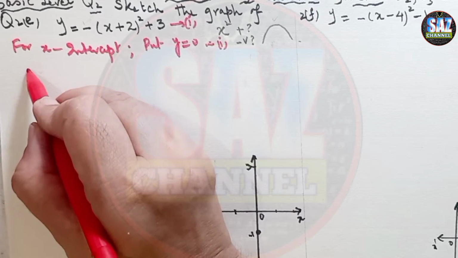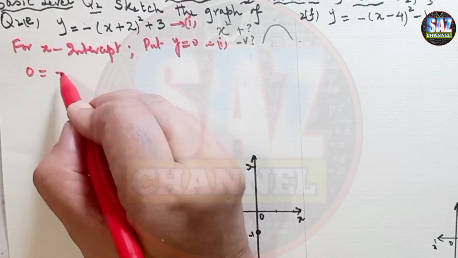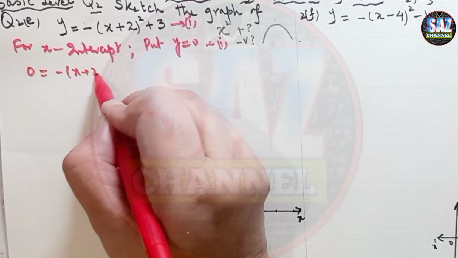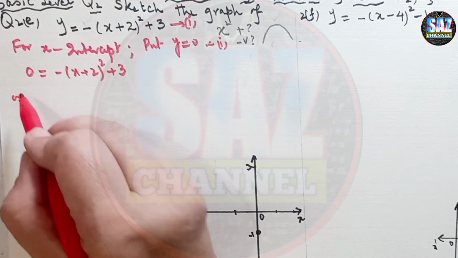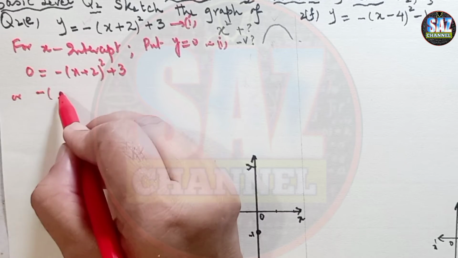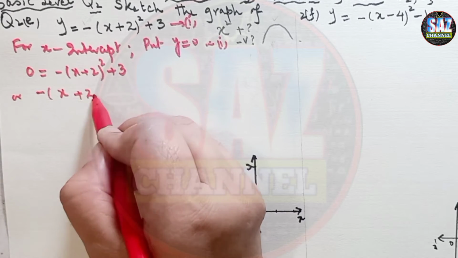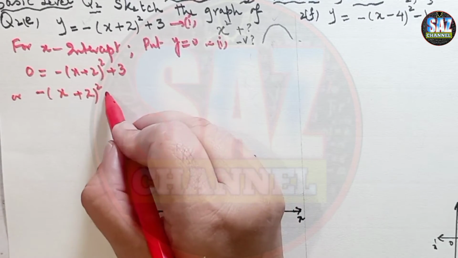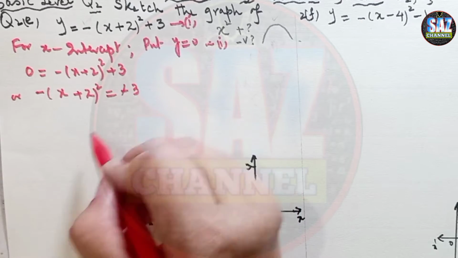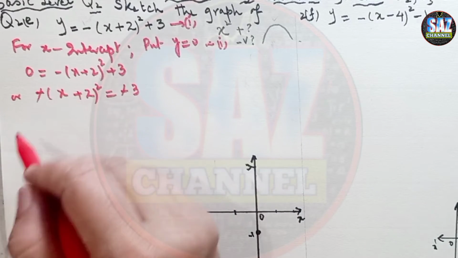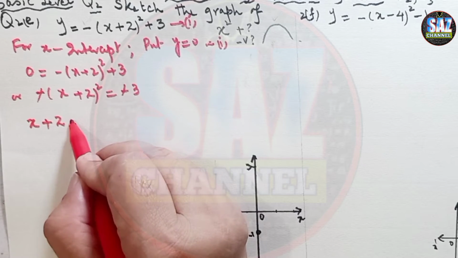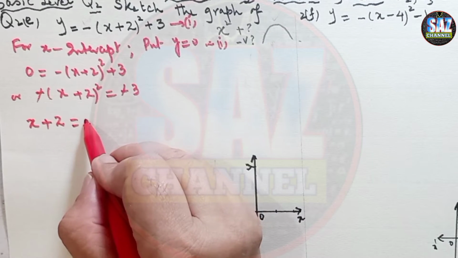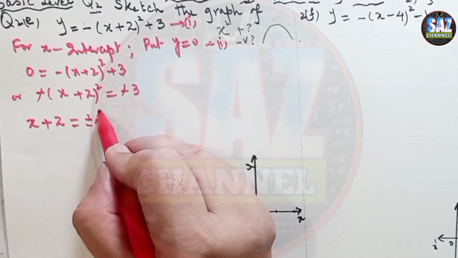When I'm putting y equals to 0, the equation takes the form minus x plus 2 whole square plus 3, or in order to get the value, x plus 2 whole square equals to minus 3, minus sign goes with minus sign. To get the value of x, I have to take the square root on both sides, and that will give me x plus 2 equals to plus minus under root 3.